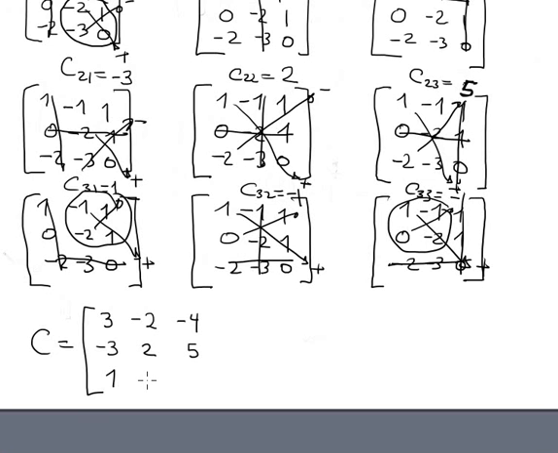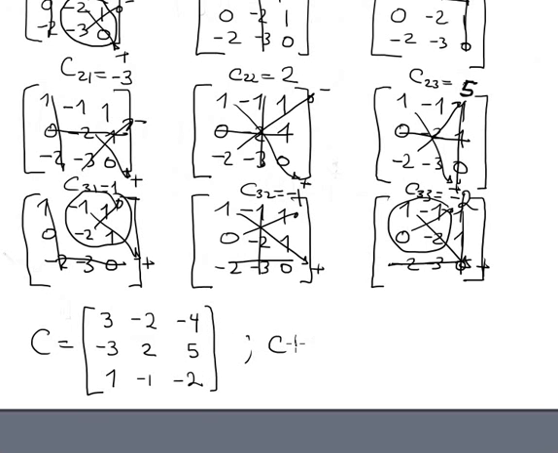This is negative 2 here. And negative 2 because it's negative 2 and 0. This is negative 2. So it's negative 1 and negative 2. Negative 1 is this and negative 2 is this. This is the cofactor matrix.